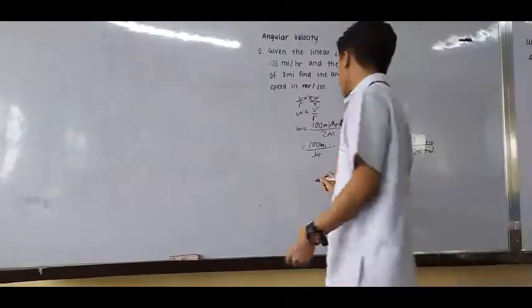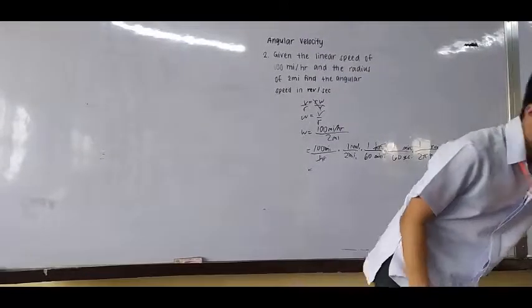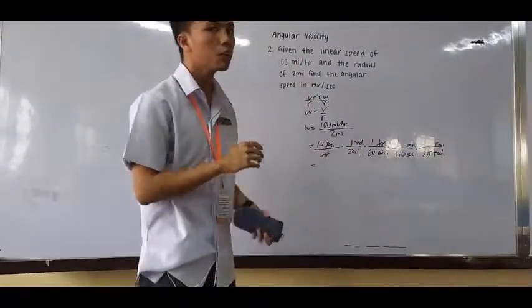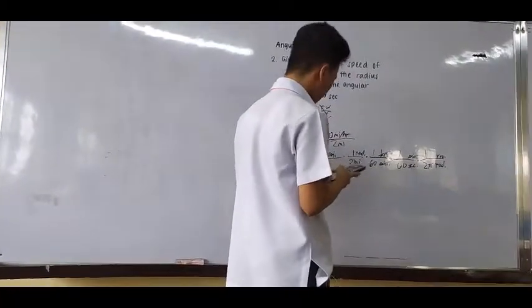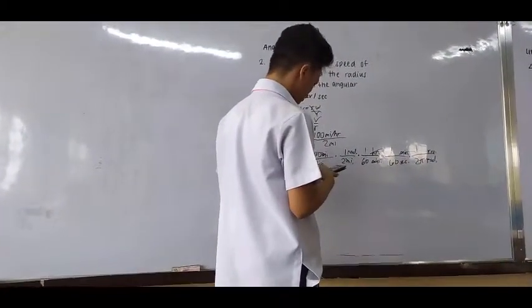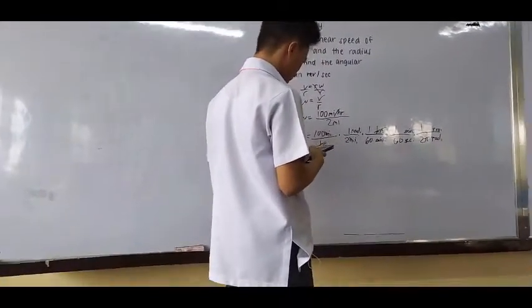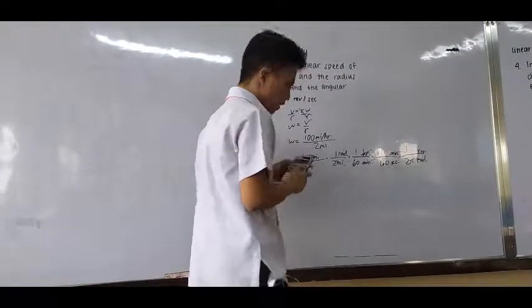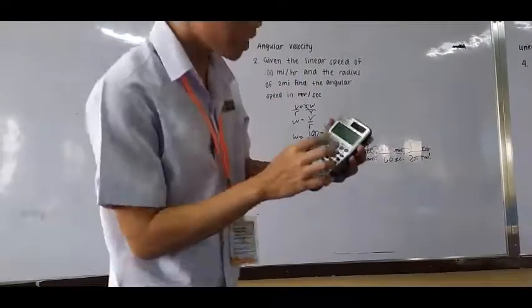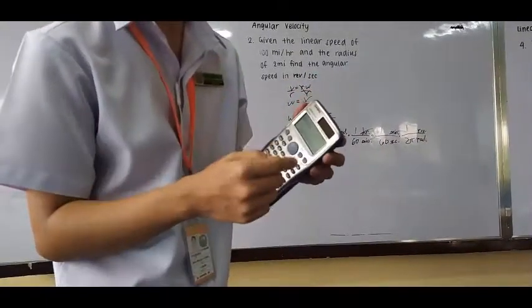Now let's calculate that using the scientific calculator. I'm going to put all the values here and show you the exact value. As you can see, in the scientific calculator, it is multiplied times 10 raised to negative 3.